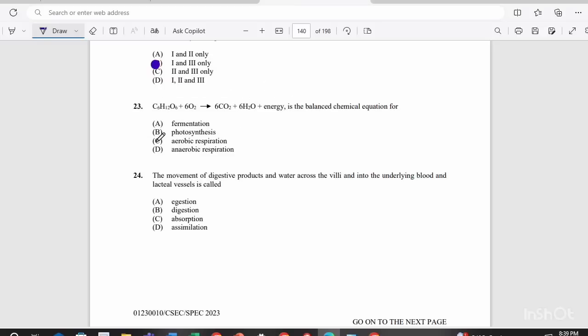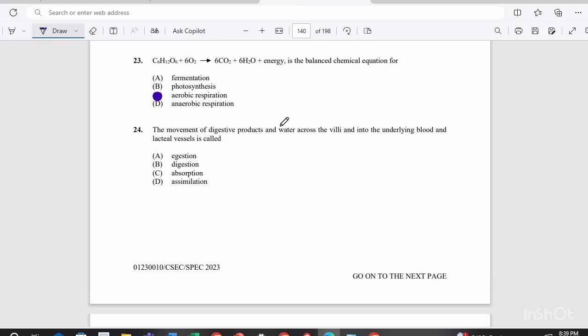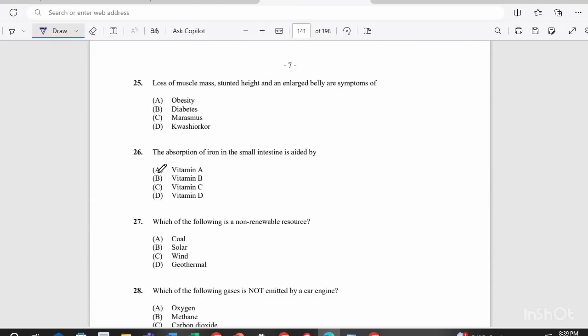The answer there is C, aerobic respiration, not photosynthesis. 24. The movement of digestive products and water across the villi and into the underlying blood and lacteal vessels is called A, egestion, B, digestion, C, absorption, or D, assimilation. The answer there is C, absorption.